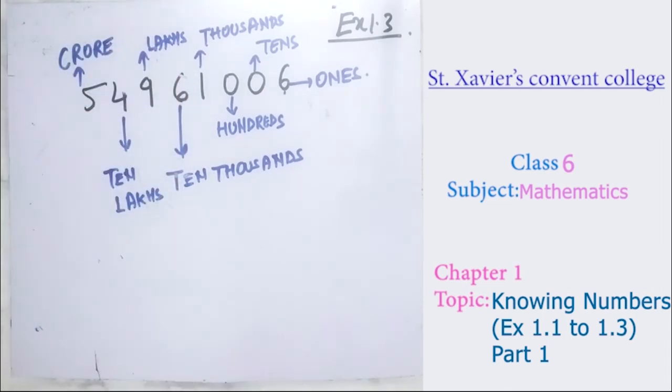These are the place values you have to remember for the biggest numbers.